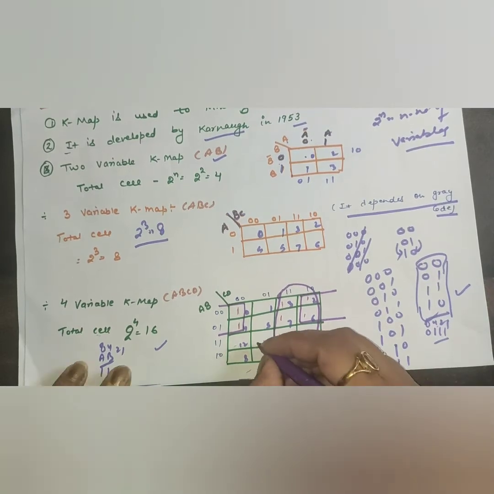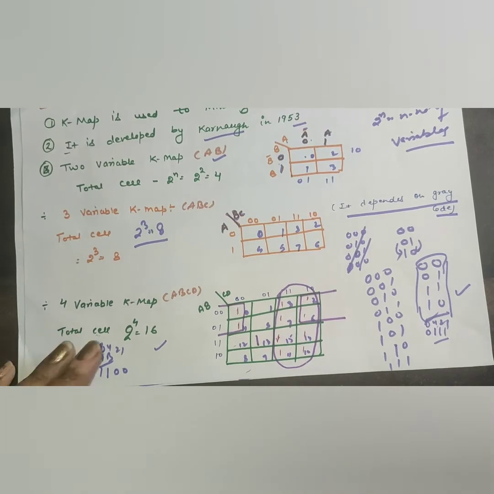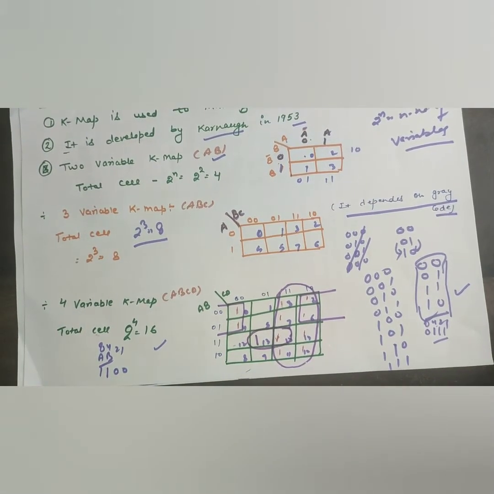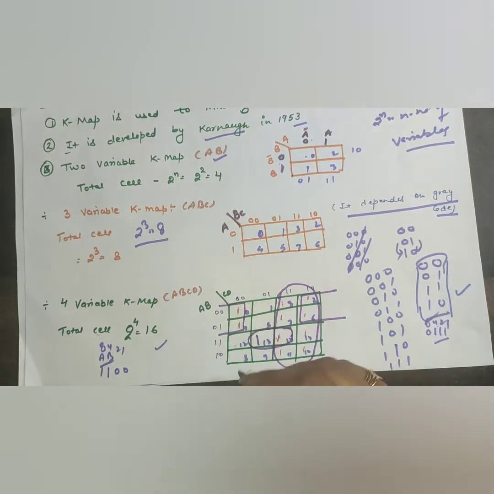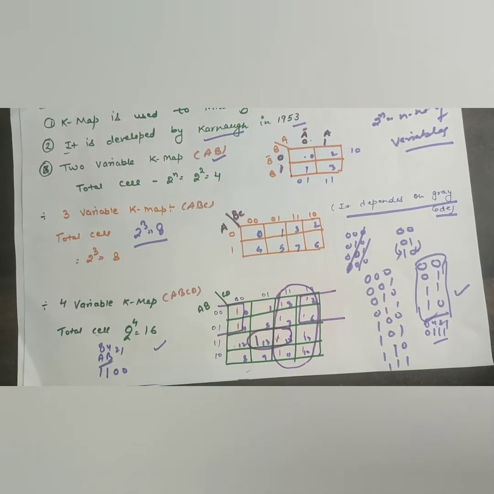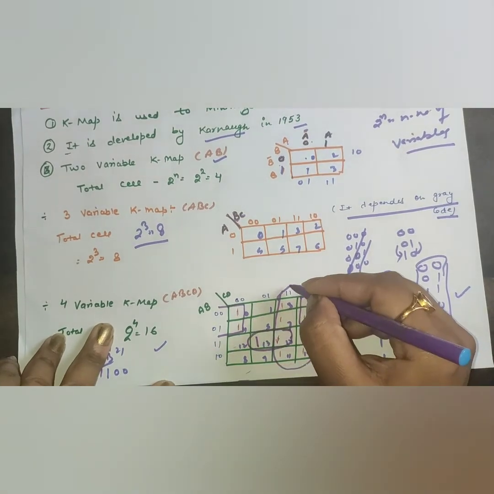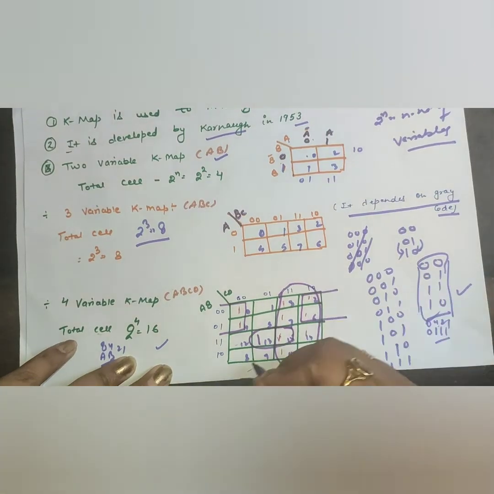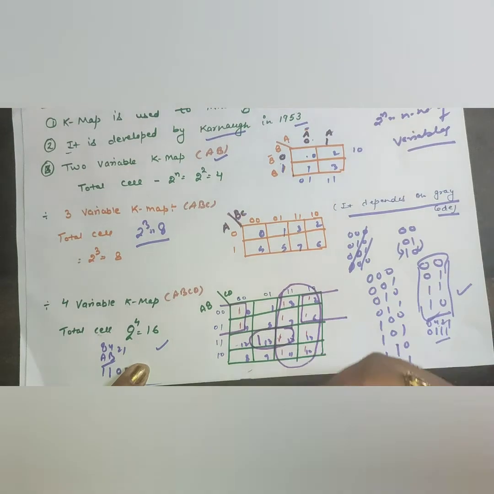Let's suppose we have this one also. So one group will be like this. We have 3 groups: one of 8, one of 4 and one of 2. You can make groups like this also, but you cannot make a group in a diagonal position. You can make horizontal and vertical groups.